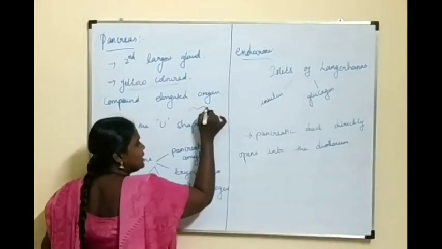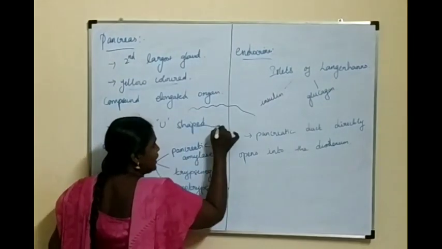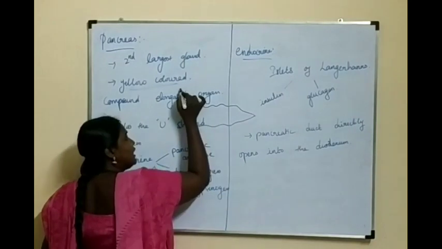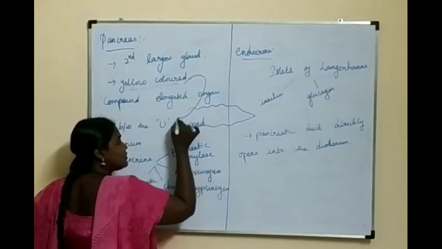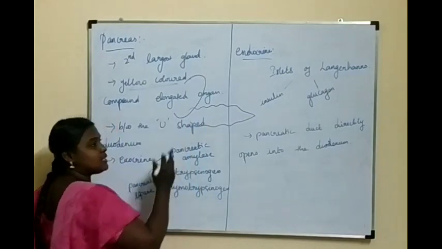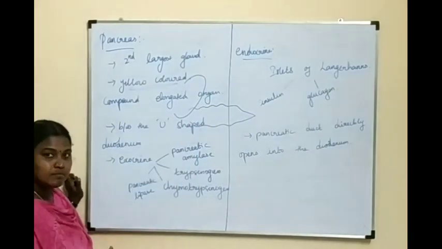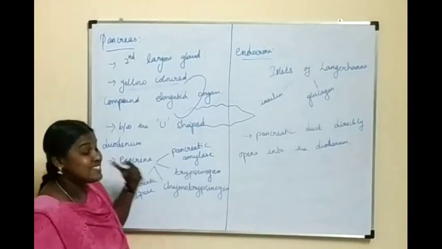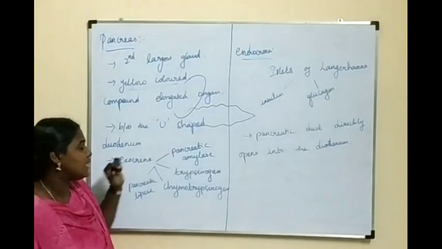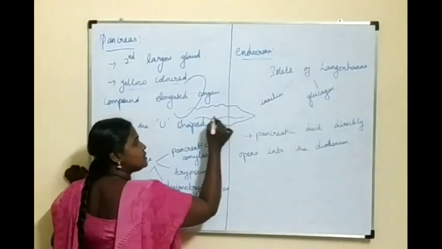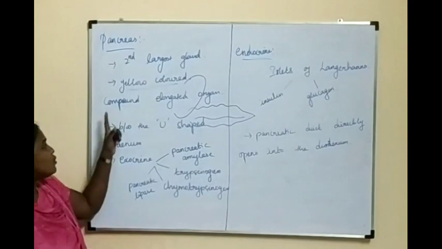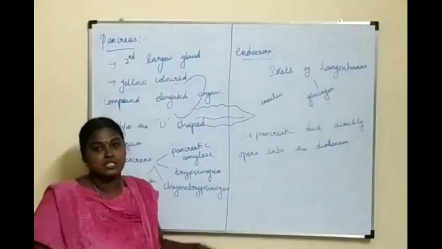A leaf-like structure is present behind the stomach, in the lower part, on the ventral side of the stomach area. One of the leaf-like structures is the pancreas. So it is called a compound elongated organ.